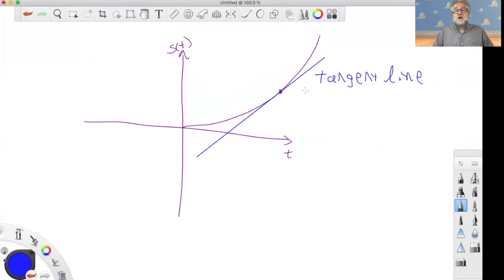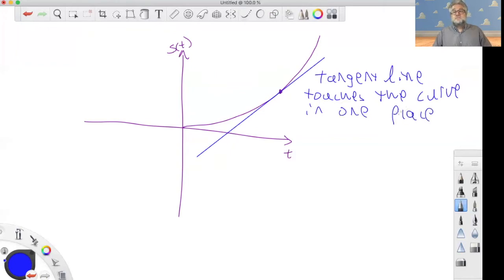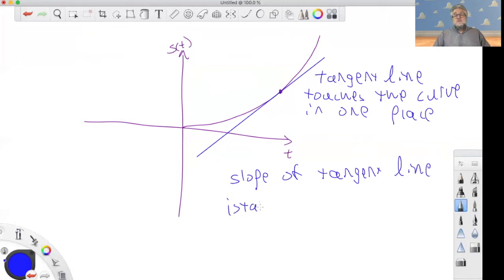And the tangent line touches the curve in one place. Okay? And the slope of the tangent line is the same as the instantaneous, I always have trouble spelling that word.